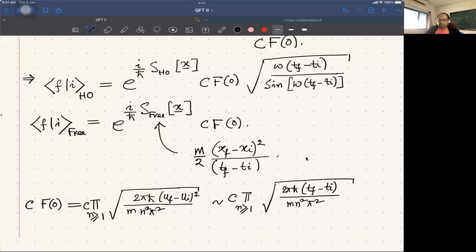That is what we should try to calculate. Since we don't know what C is, it is path independent but can depend on tf, ti, and all the other parameters, we have to fix it. The goal is to fix C times f0, the only physically meaningful combination, by calculating this directly using Schrodinger theory. That is what I am going to do now.